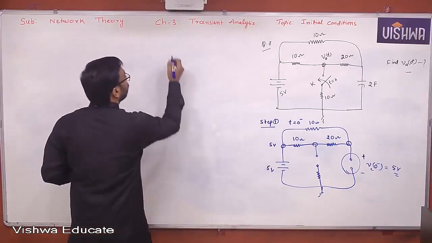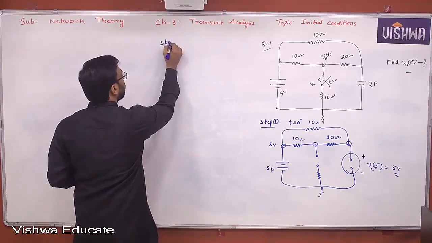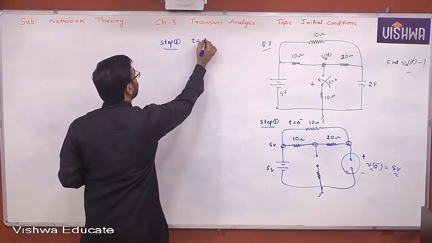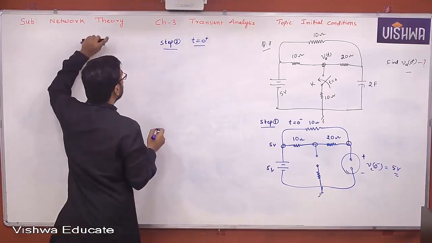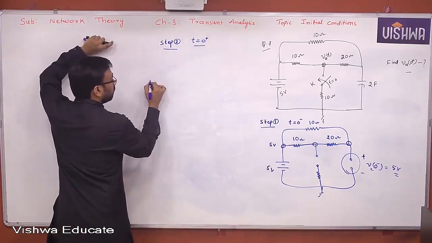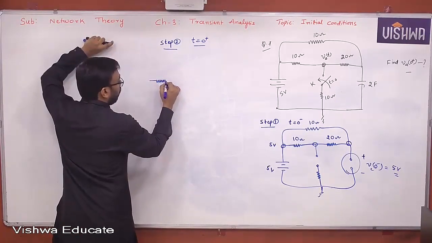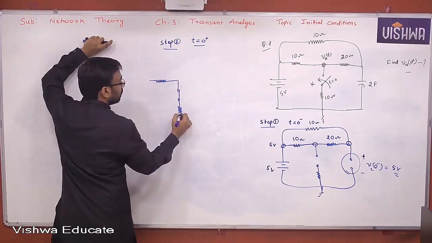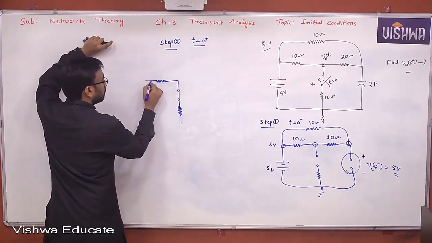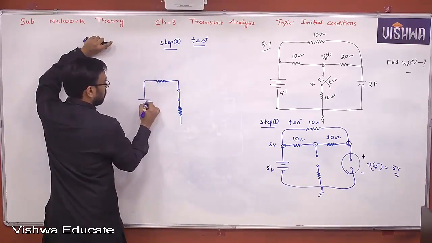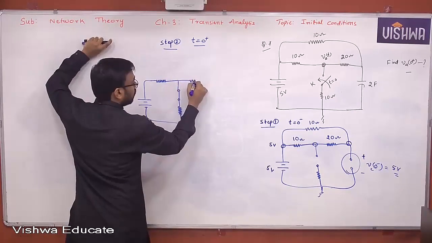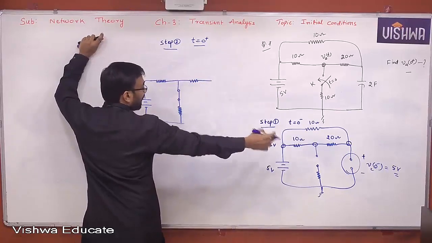Now, step 2. Let us use that information in step 2. Construct T equal to 0 plus equivalent. Switch closed. Now, the capacitor is replaced by what?